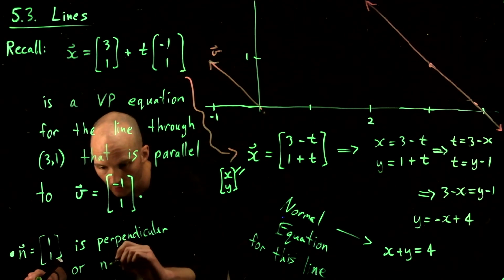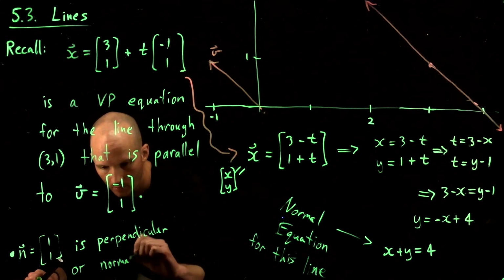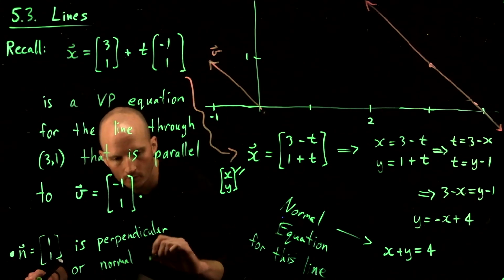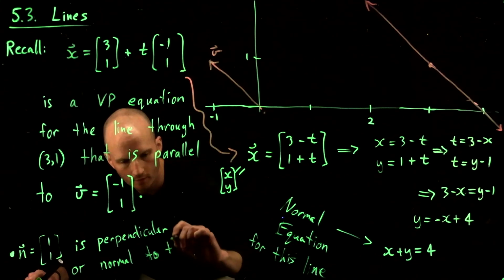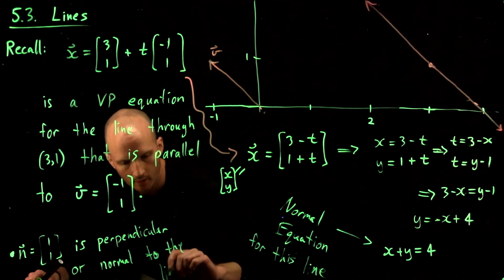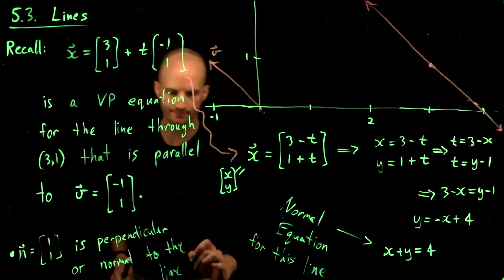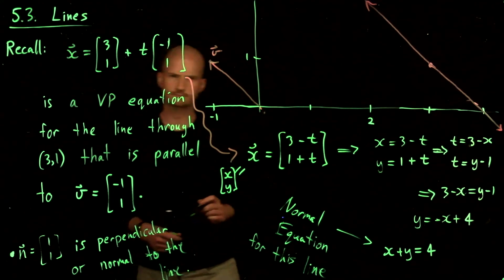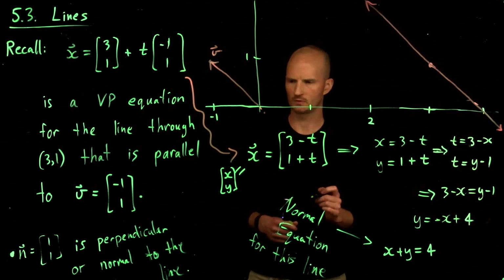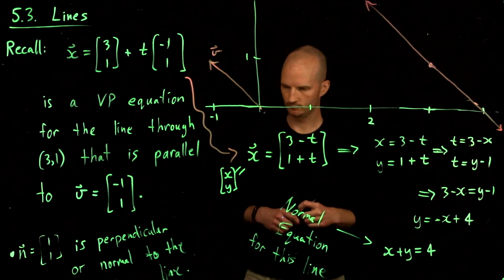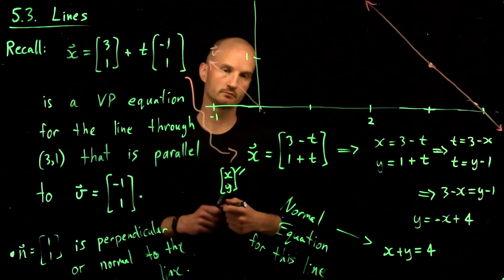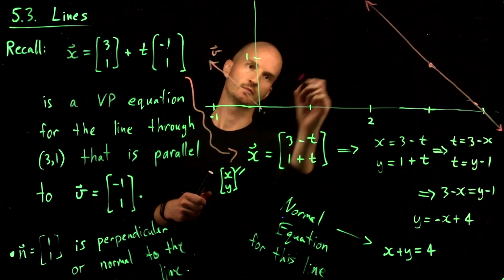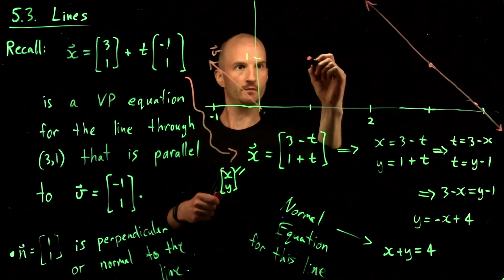Is normal to the line. So we have this vector 1, 1, which you can draw something like this.